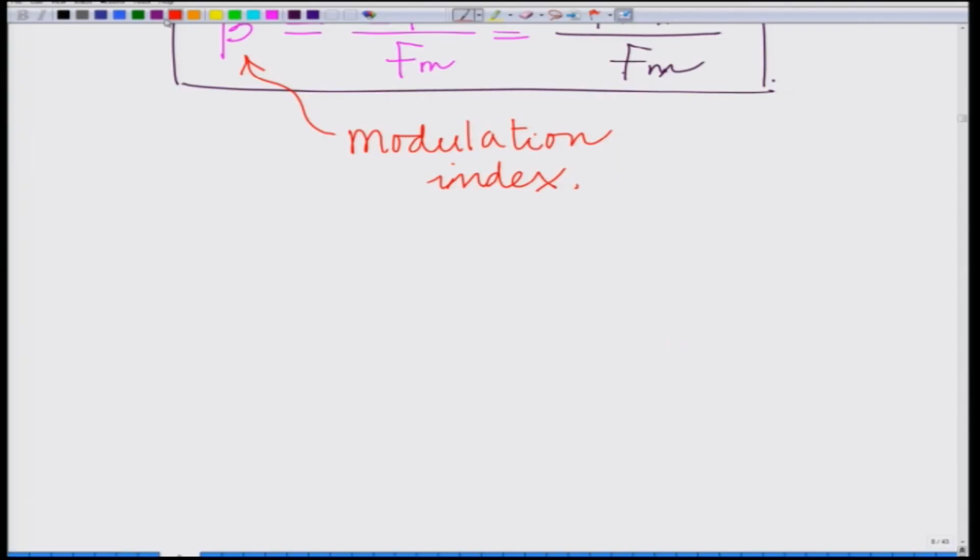Okay. Now, coming to theta_i(t), you can see that theta_i(t) is the instantaneous phase. We have that frequency is the rate of change of phase.